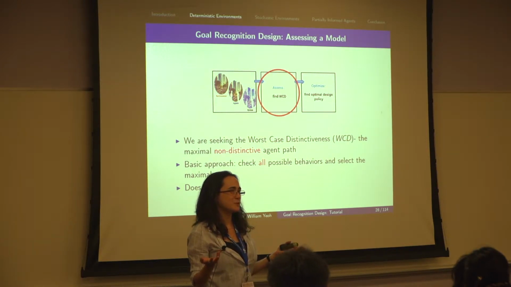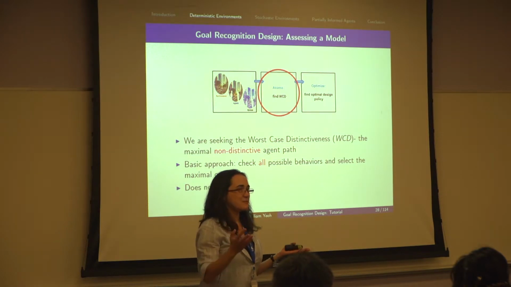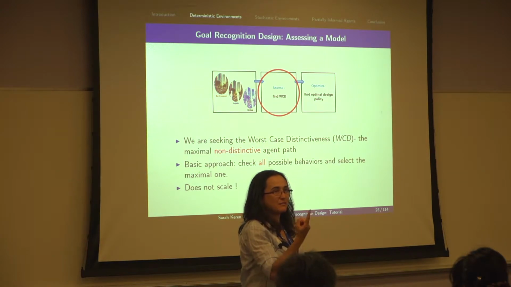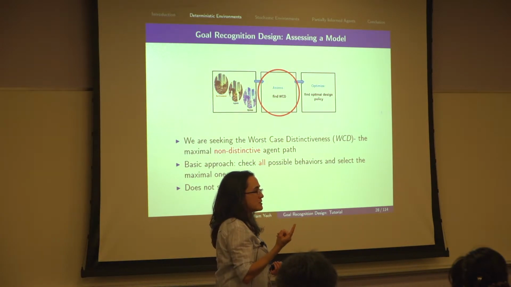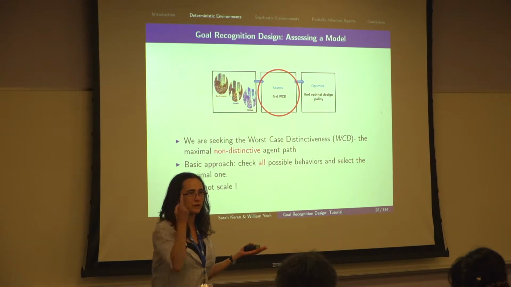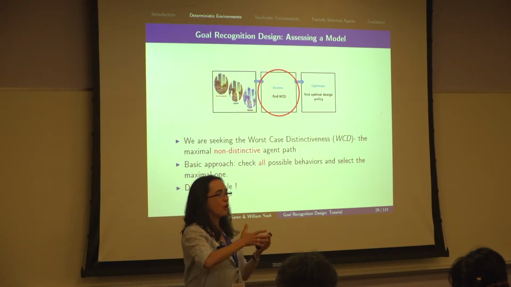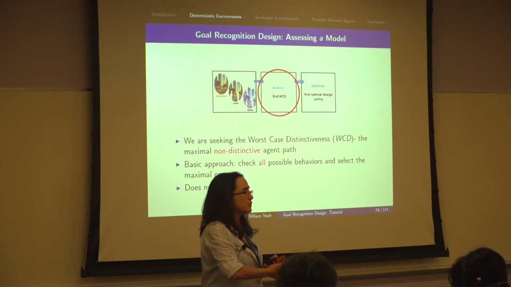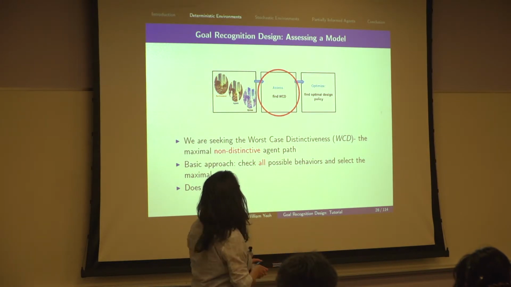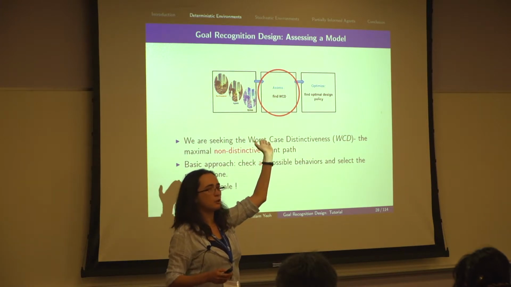What's wrong with that? The problem is that a planner only gives me one plan. If there are multiple optimal plans or multiple valid plans, the planner doesn't give that to me off the shelf, right? The planner gives me one plan, not all the plans. And we want to account for all possible behaviors, because there are many ways to achieve goal one.